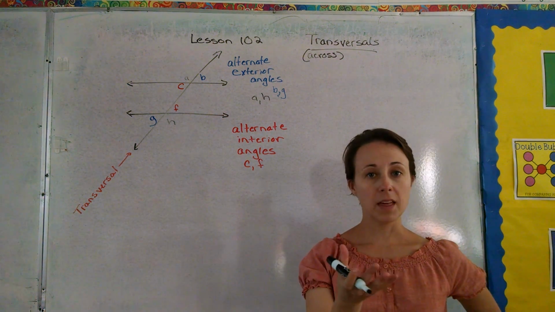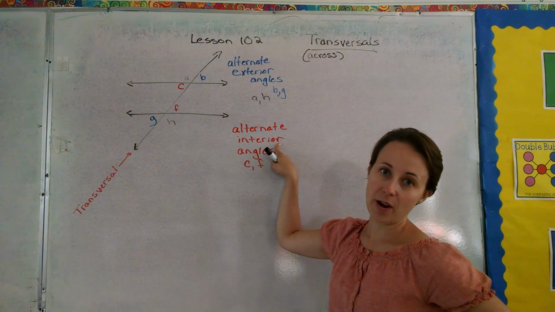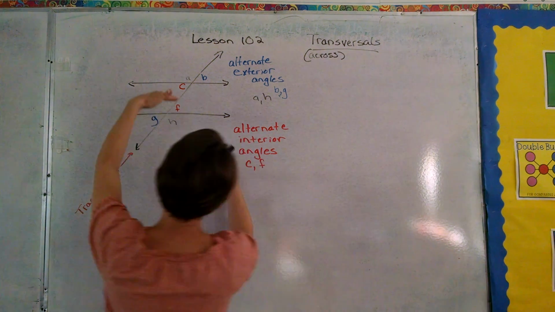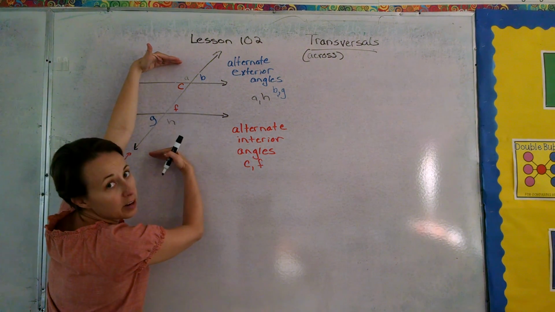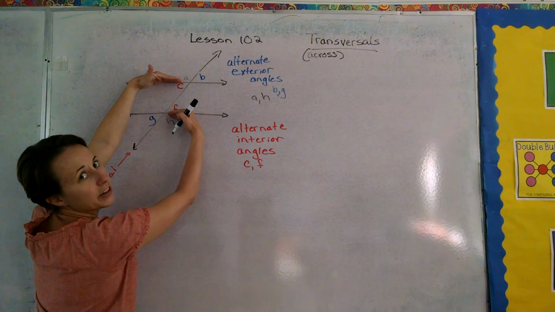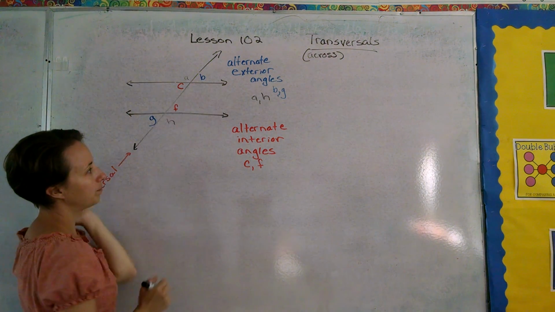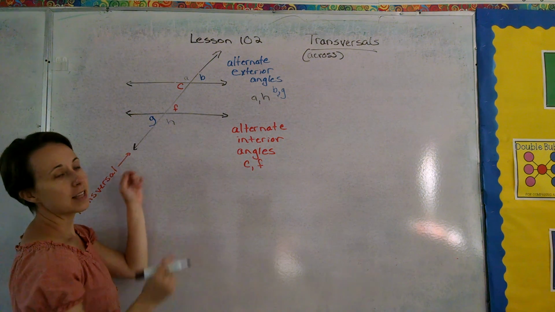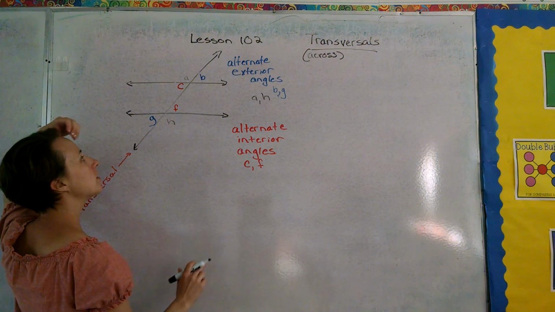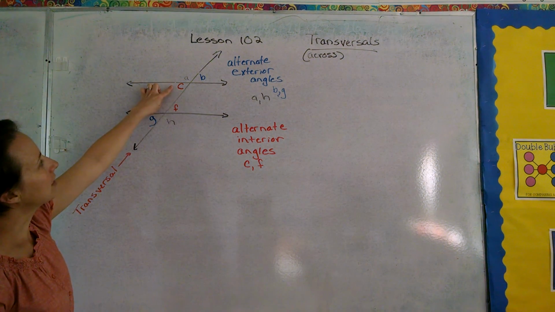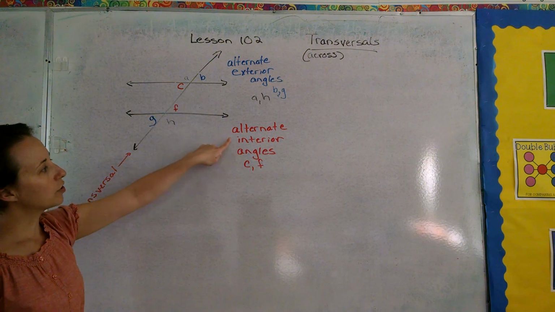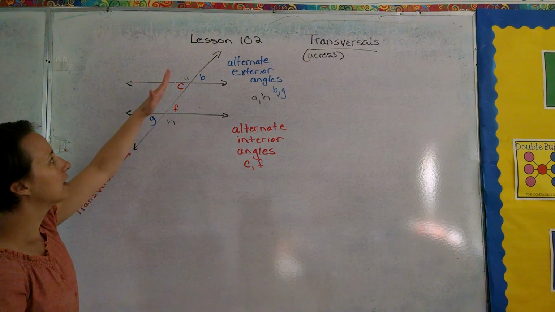All right, then we have interior angles. Exterior angles are on the exterior, the outside. Interior angles are on the interior of the parallel lines. They're on the inside. We want alternate ones. That means they're on different sides of the transversal. In this picture, C and F are alternate interior angles.